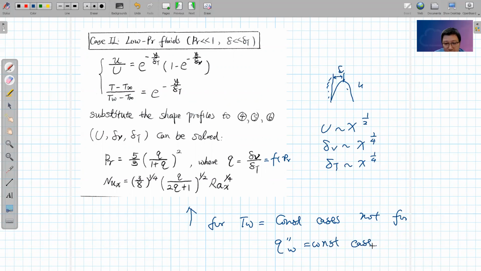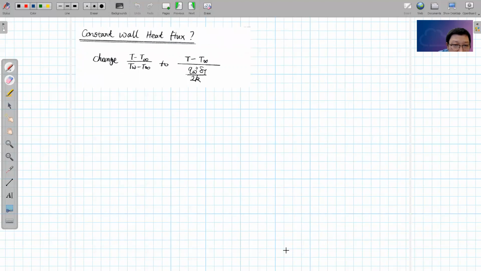Now the question is, if we change the boundary condition from constant wall temperature to constant heat flux, what should we do? The way is very simple.